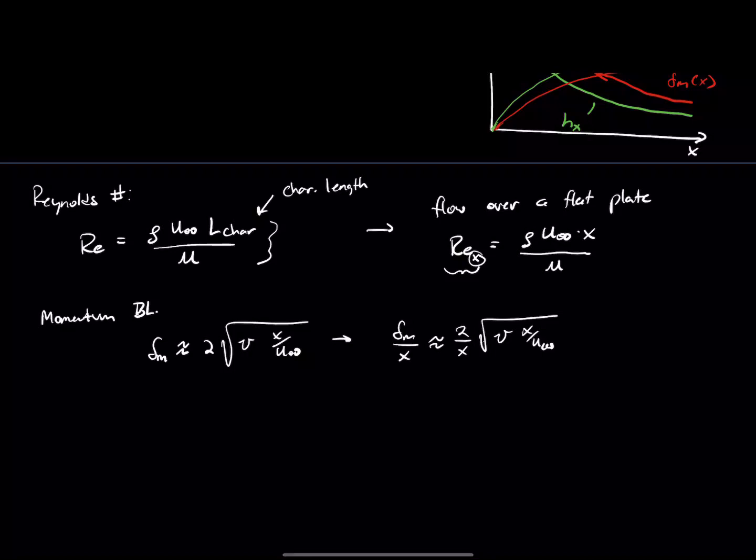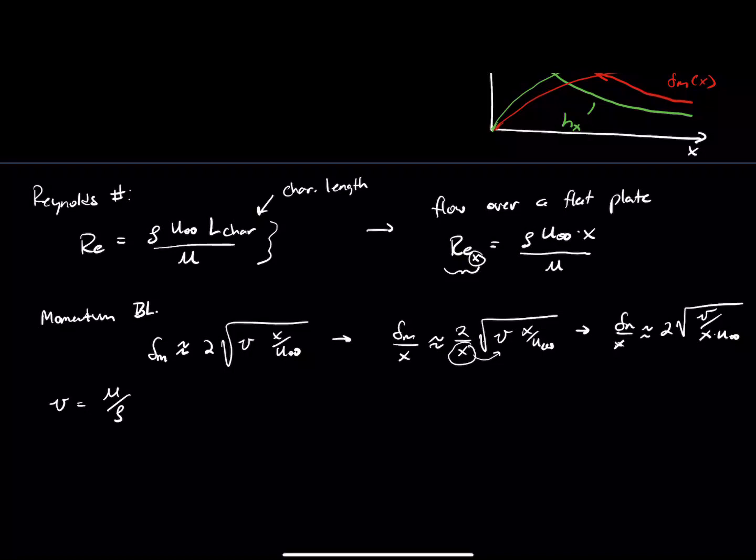So then the next step is let's bring this x over here inside the square root, and that's going to yield delta_m over x approximately equal to 2 times the square root of nu over x times u infinity. Right, so it's equivalent, we're just changing things around. So remember also that this nu, the kinematic viscosity, is equal to the dynamic viscosity mu over rho.